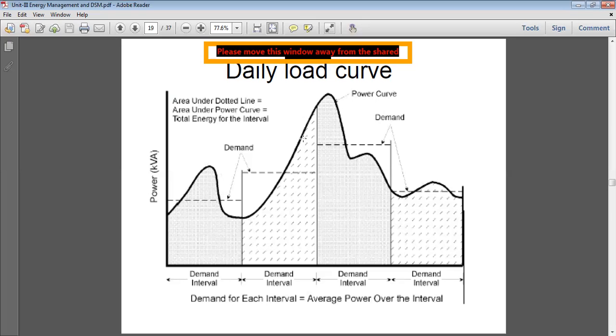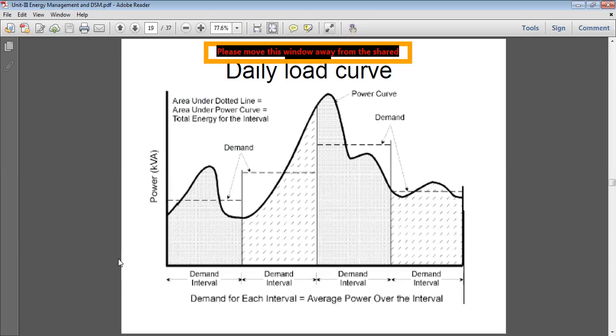The duration of maximum load can be easily calculated, or it is quite clear from the load curve. And one more thing, the area under the load curve is nothing but the energy supplied by the generating station, or if it is a consumer, the energy consumed by the consumer. Suppose it is in kilowatt and the time is in hours, so kilowatt multiplied by time is the energy. If it is megawatt and hour, it is megawatt hours.